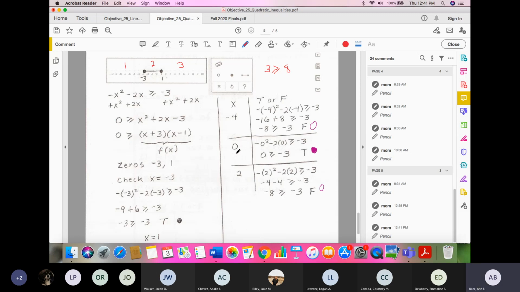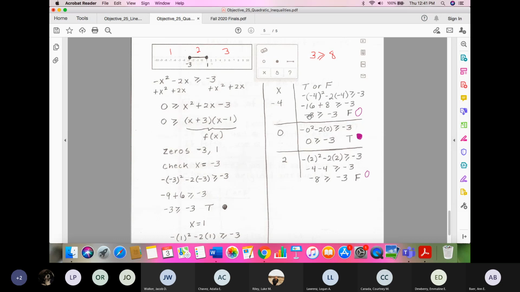Let's test 0. This time we're going to plug in 0 for x. So we're going to plug 0 in here, but let's write down our negative first. And then 0 goes in for x and gets squared before it's multiplied by the negative. So this is going to be parentheses 0 squared. I guess we don't really need to write that in, but that's really what it is.